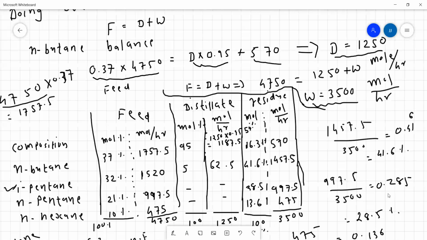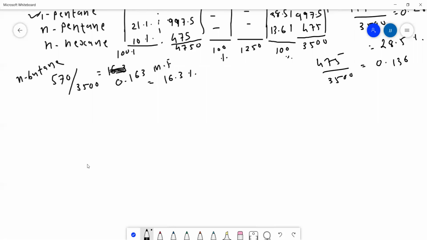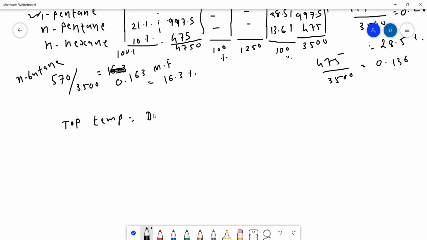At dew point, the top temperature is equal to the dew point temperature.